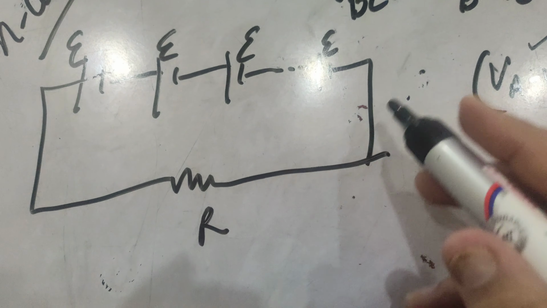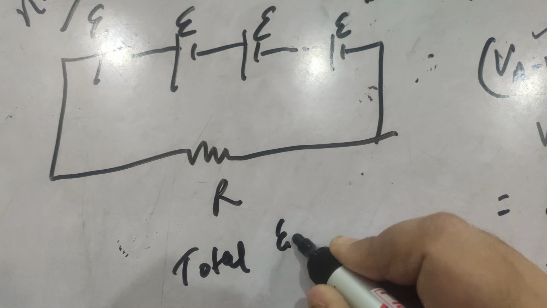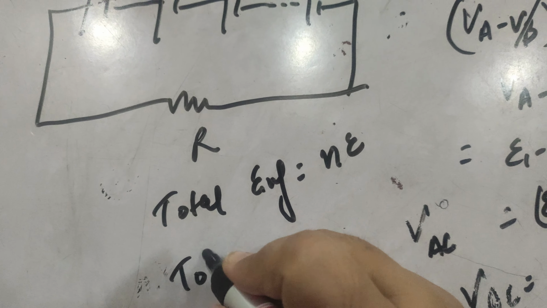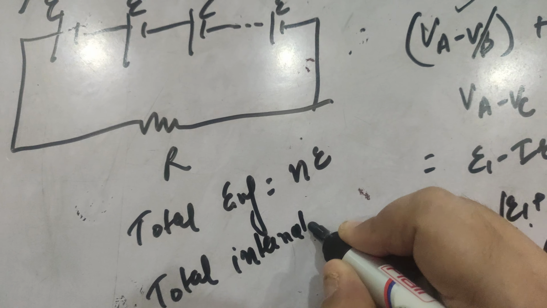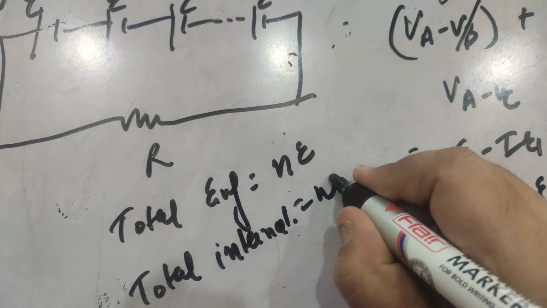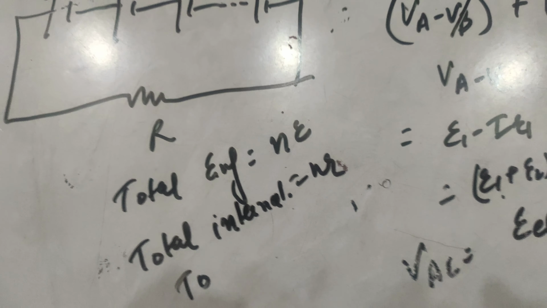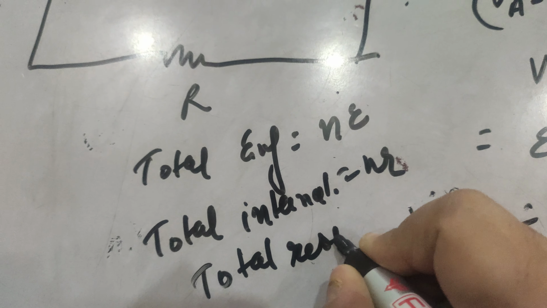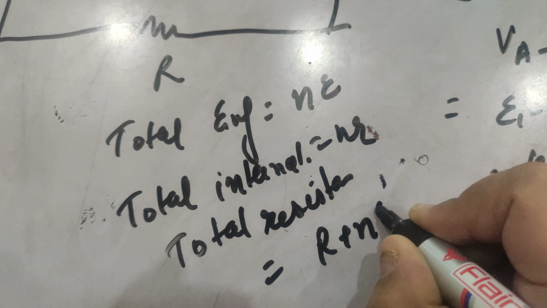So in this case, the total EMF is equal to nE, and the total internal resistance is equal to nr. In this case, the total resistance of the circuit will become R plus nr.